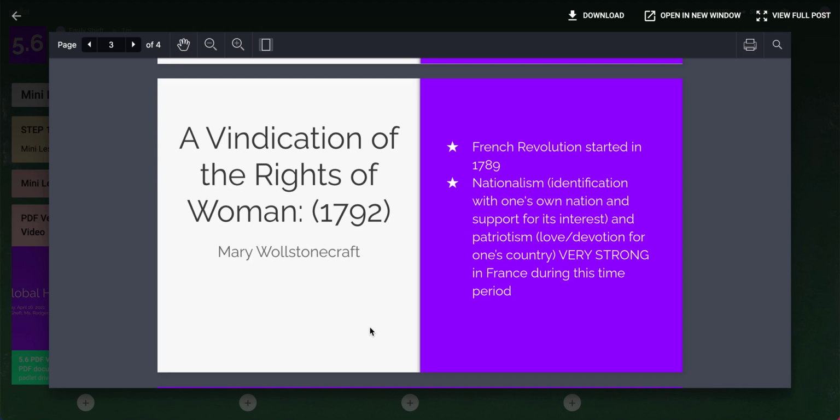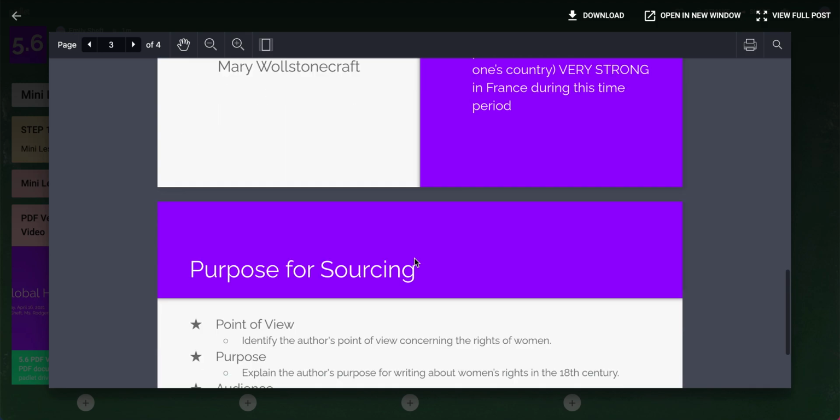And during this time in France, nationalism, or the identification with one's own nation and support for its interests, along with patriotism, which was the love or devotion for one's country, was very strong in France. So nationalism and patriotism were very strong at the time that this source was written by Mary Wollstonecraft.